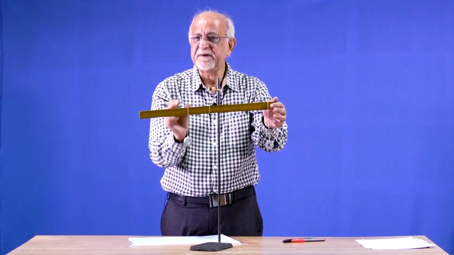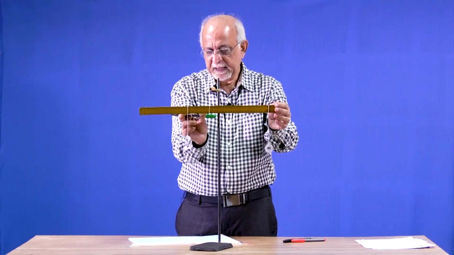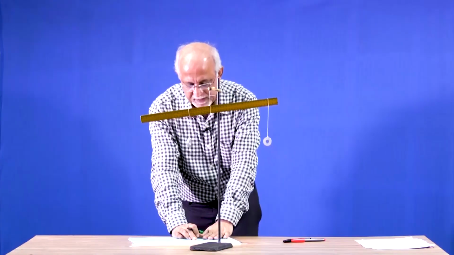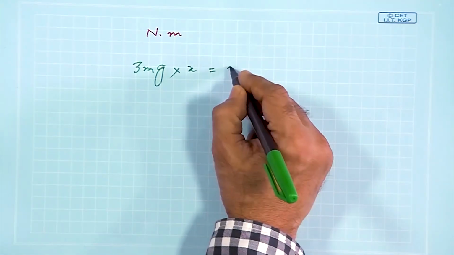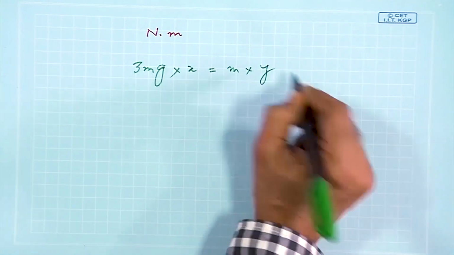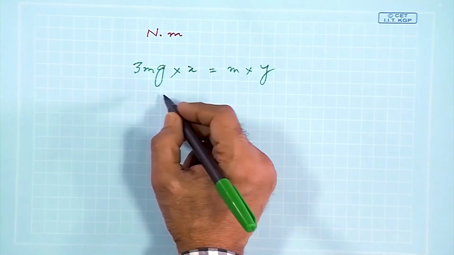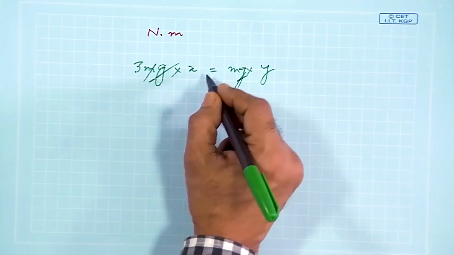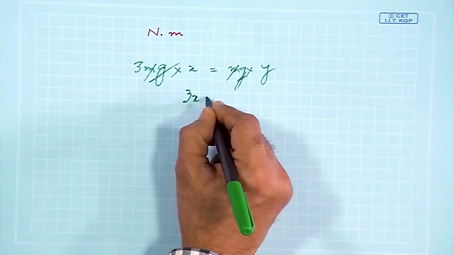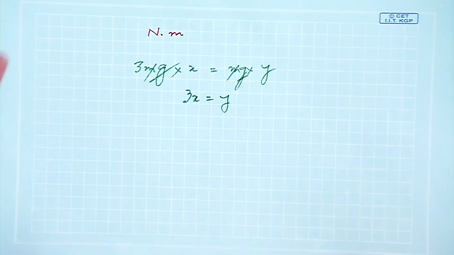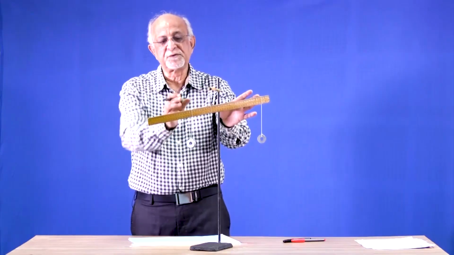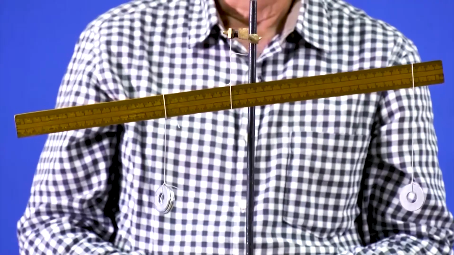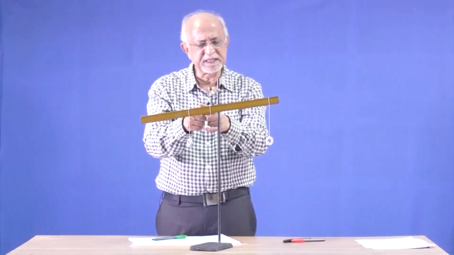On the right hand side the moment is 3mg into x, on the left hand side it is m into y, and naturally we can expect mg into y. So, g cancels out and m also cancels out, and we expect y to be equal to 3x. So, basically what we are balancing here are the moments from these two sides about this central point.